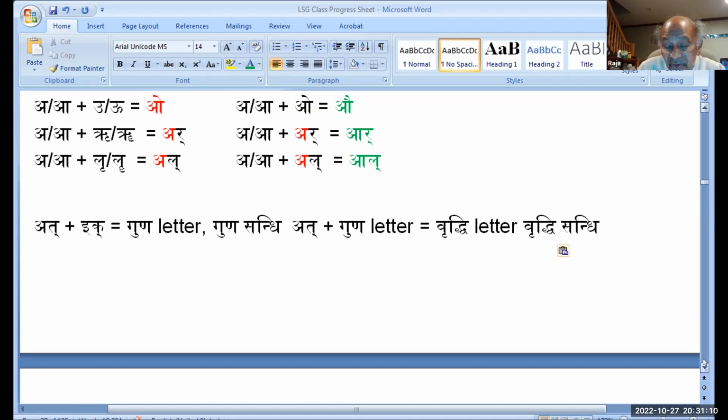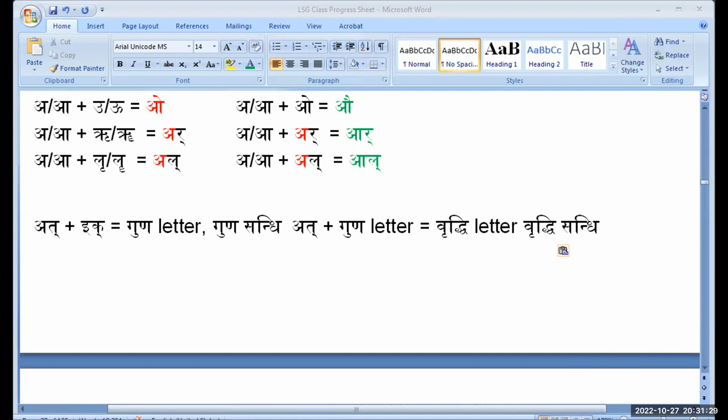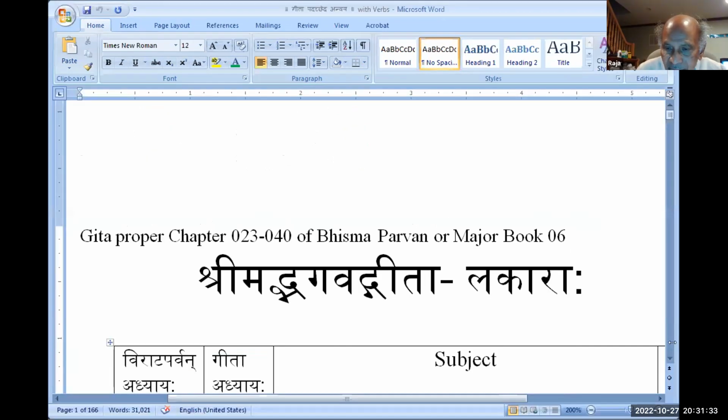Nainam chindanti sastrani, nainam dahati pavakaha, na chainam kledayantyapaha. Let me share that with you. Let's go back to Gita. Oh, where is the Gita here? This is extremely helpful, sir. This comparison is. Yeah, that's why, because let's take the Gita here.